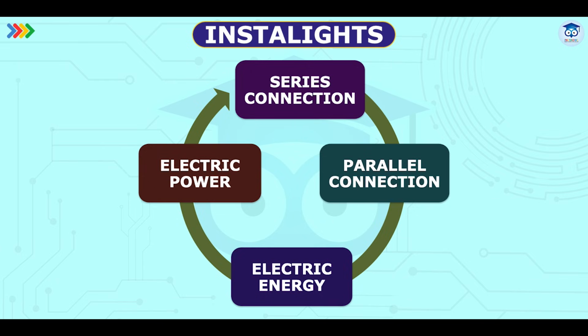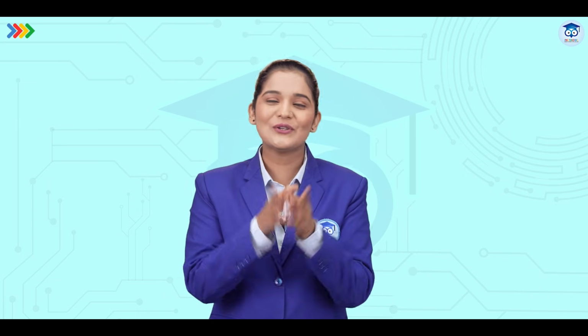We then discussed electric energy, which refers to the work done to maintain the flow of current. And finally, we looked at electric power, which is the rate at which electrical energy is consumed or transferred in a circuit. With that, we conclude today's session.